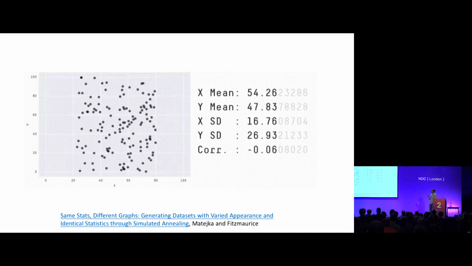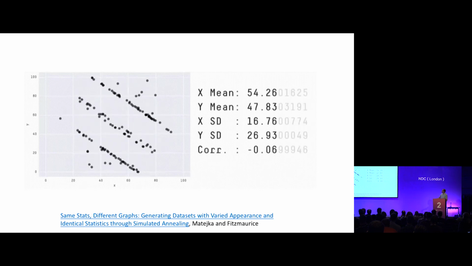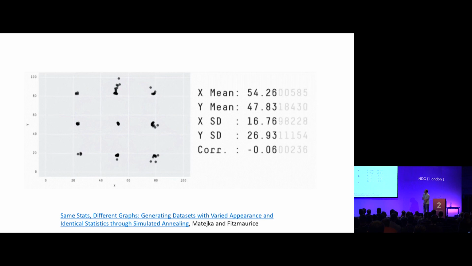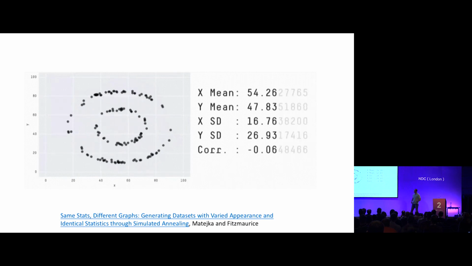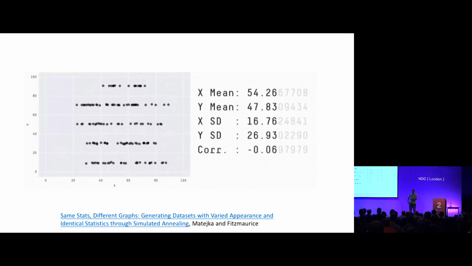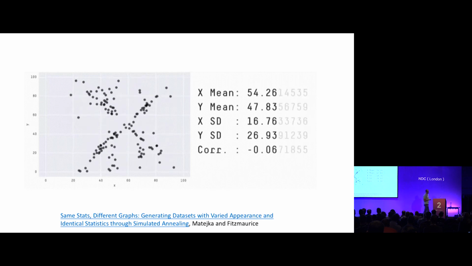And even the same correlation between the x's and the y's. Even the dinosaur, which showed up at some point, has the same average across the x's and the y's as all the other sets of dots. So what I'm saying, and what these researchers are saying as well, is that without seeing the actual shape, you can't say a lot about the values just by looking at the average or by looking at the standard deviation.